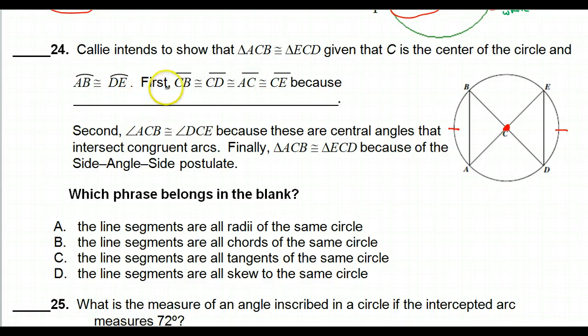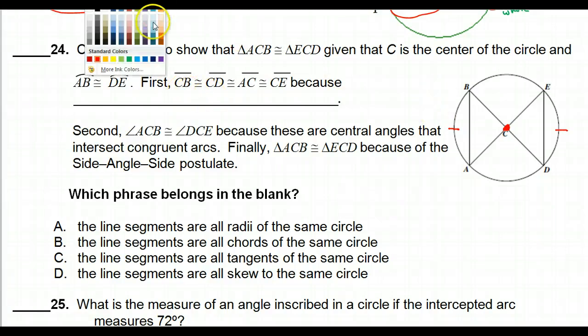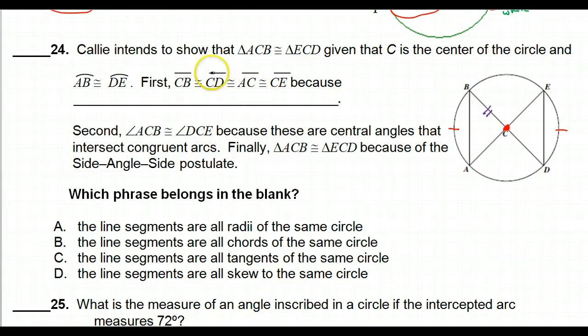So, first, segment CB, okay, let me mark that. So segment CB is congruent to segment CD, which is congruent to segment AC, which is congruent to segment CE.